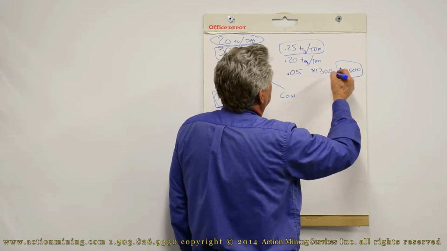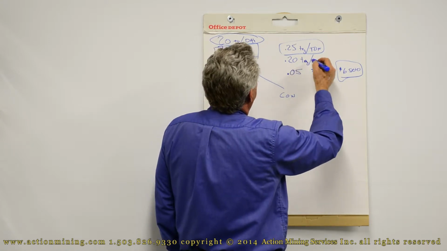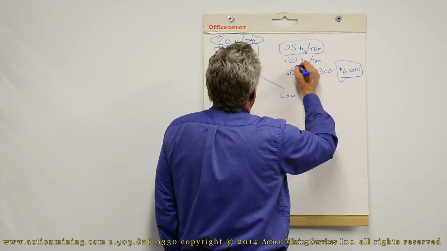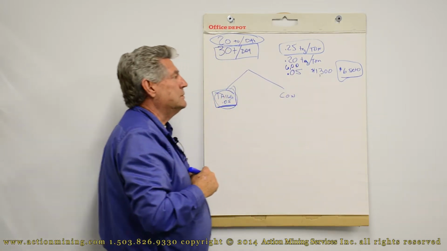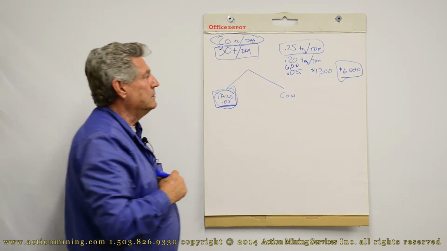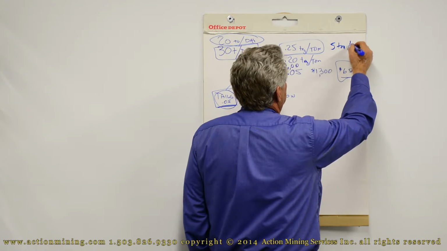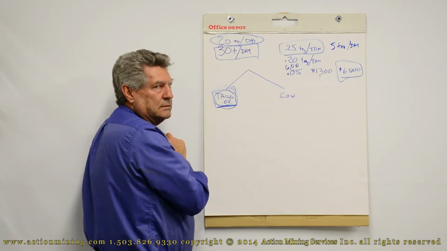Now, if we were doing 0.2 and we run 30 tons a day, that is 6 troy ounces a day of gold. We were doing 5 ounces up here. And we never have to think about this.